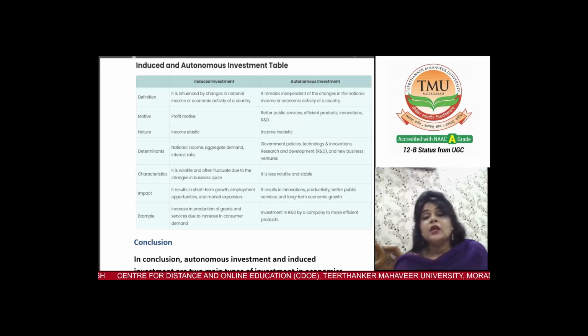So technically, autonomous investment is not affected by external factors. In reality, however, several factors can affect it. For example, interest rates have a significant impact on investment made in an economy. High interest rates can tamp down consumption, while low interest rates can spur it.